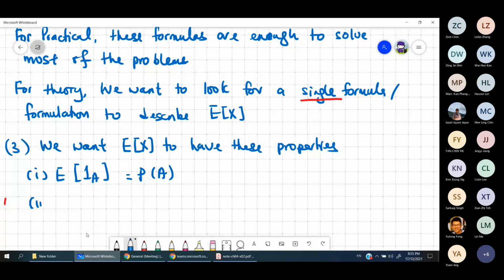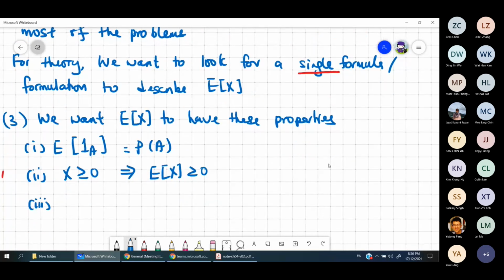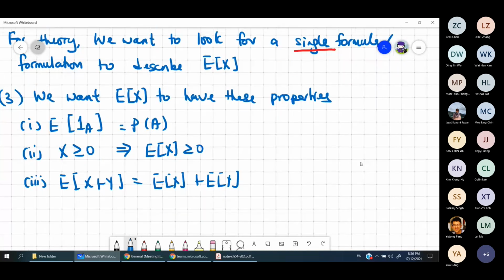Secondly, when X is a non-negative random variable, the expectation value must also be non-negative. Number three, we expect E[X+Y] to be equal to E[X] plus E[Y]. And we also expect E[cX], for a constant c, to be equal to c E[X].